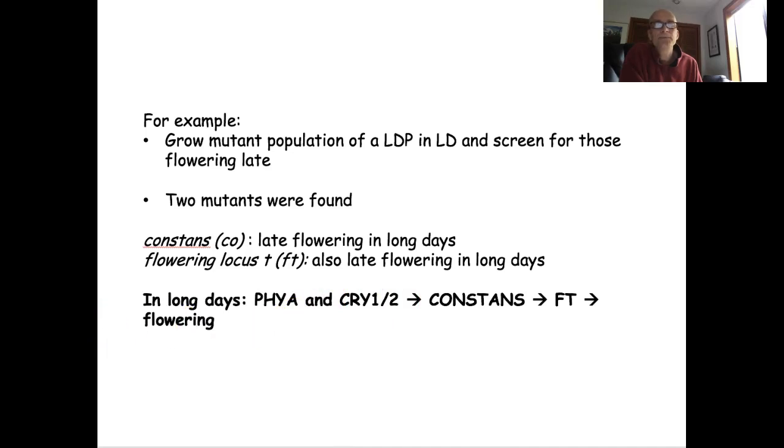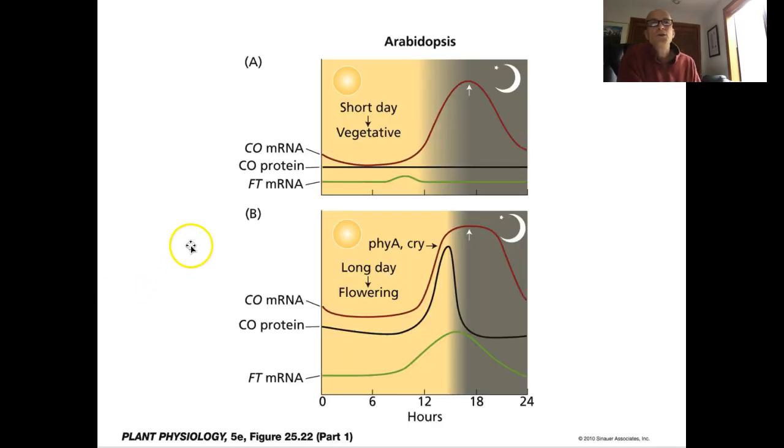It turns out that the way the plant determines the length of the day, how does it know long days, is more complicated than researchers originally thought. Even with the knowledge of the constans gene and the FT gene, it took a while until people found out exactly how this works.